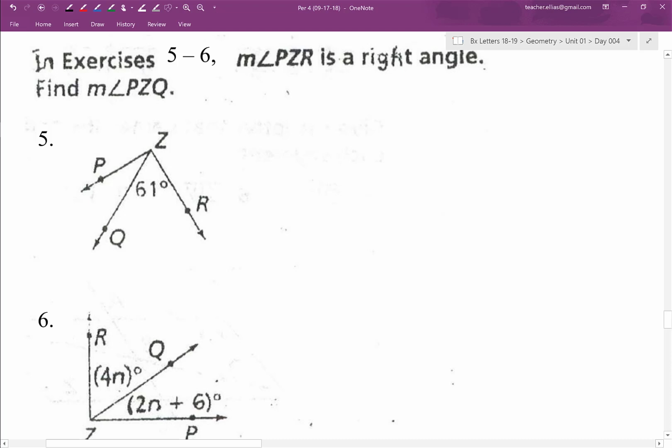There's the first row. You combine like terms, you brought down the 6.